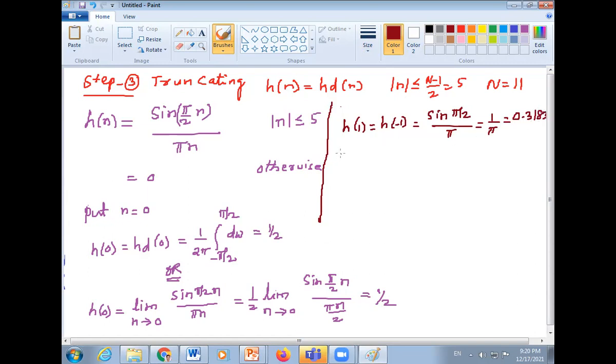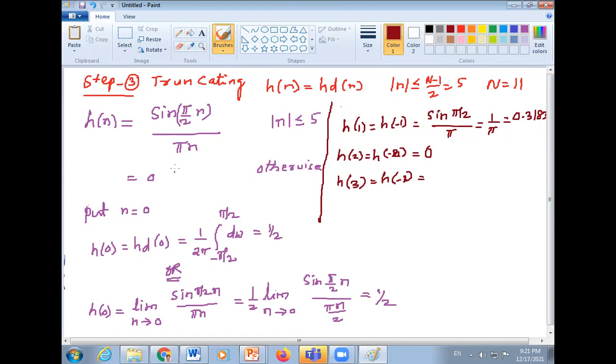Likewise, we can calculate the other values. h of 2 is equal to h of minus 2. Here you just substitute n equals 2 in the above equation, and we'll get the value as 0.